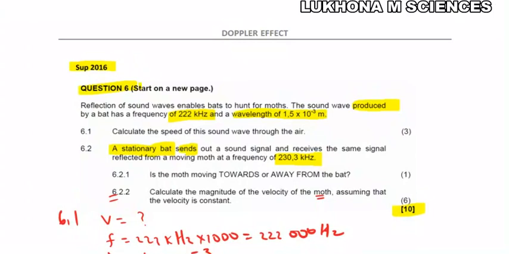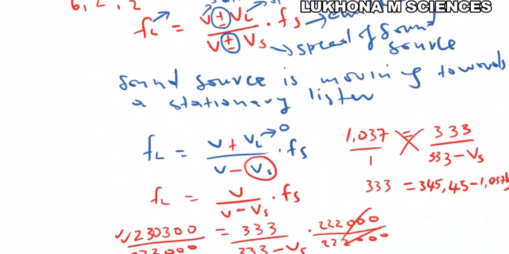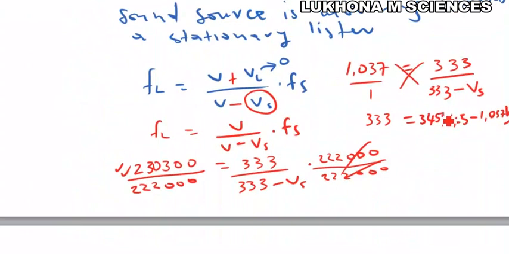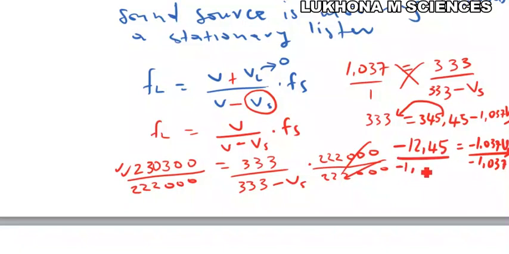Now let's continue. Let's go back to the question. Where is it? Oh, we are here. Now we transpose this one to this side, right? Then we get the answer, so we get negative 12,45, which is equal to negative 1,037 Vs. Then we divide by negative 1,037 and 1,037.